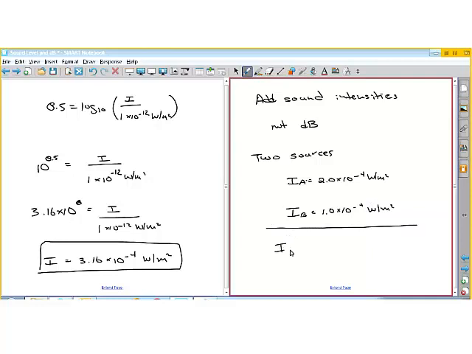The total sound intensity is 3.0 times 10 to the minus 4. You can just add them algebraically.